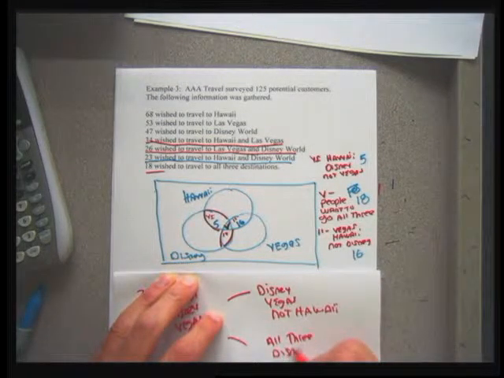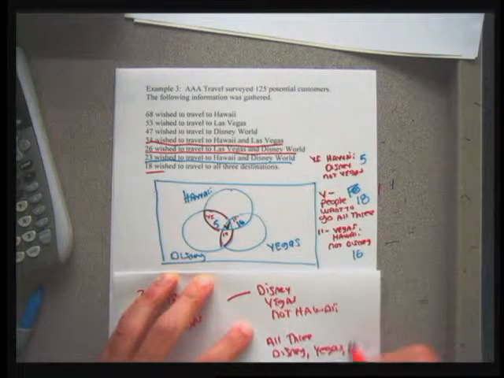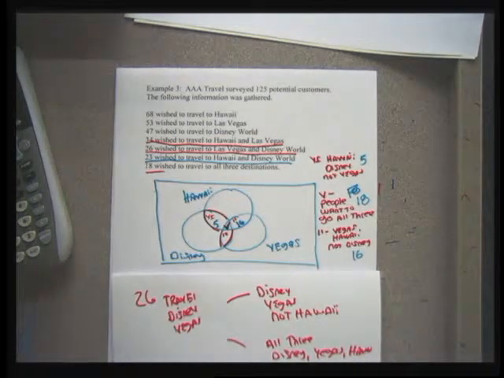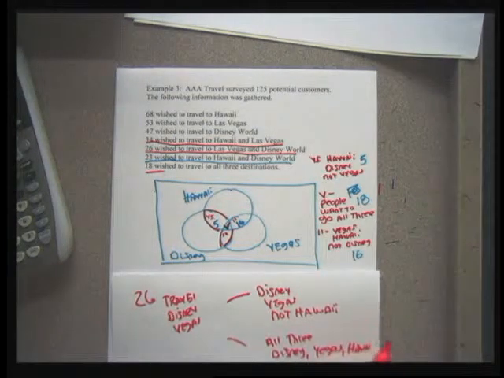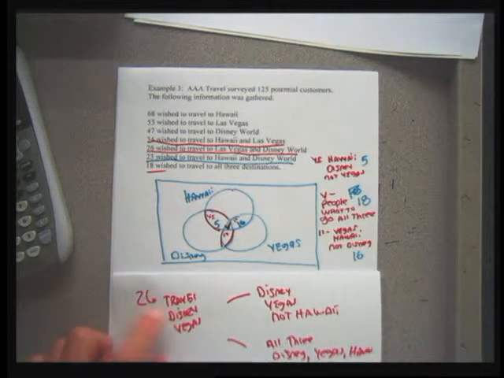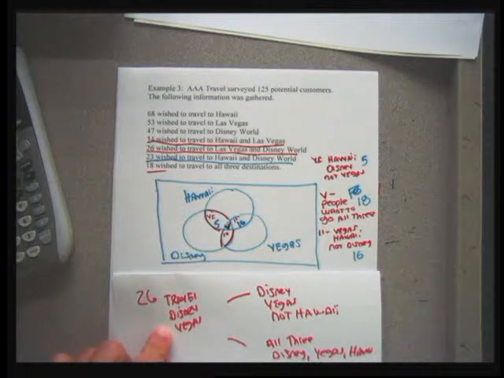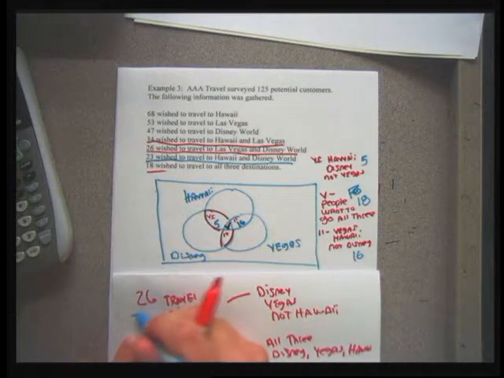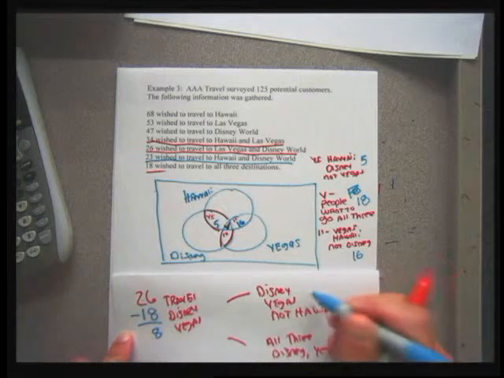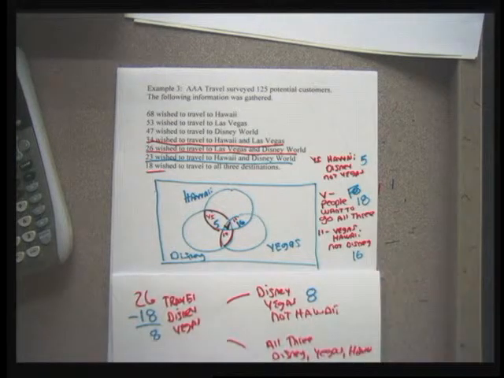Disney, Vegas, and Hawaii. And just like the last 2 regions, I know how many are okay with going to all 3. That's 18. So of these 26 people that are okay with going to Disney and Vegas, 18 of them want to go to all 3. If I subtract 26 minus 18 and get 8, 8 of those 26 don't want to go to Hawaii.